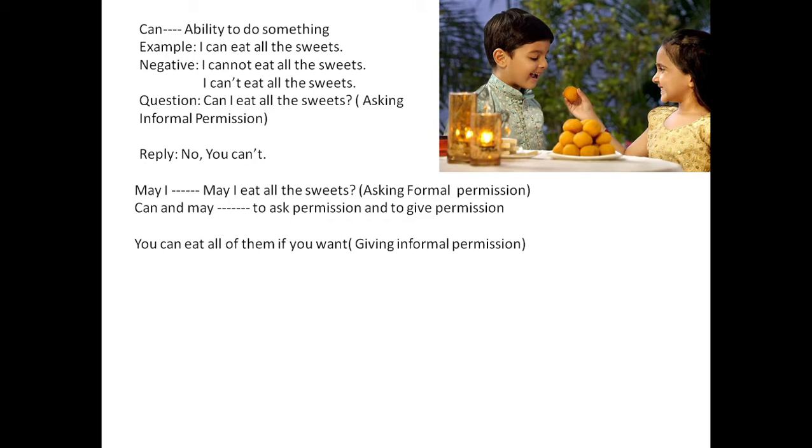You can eat all of them if you want. That is an informal way of giving permission. Or you can say simply, yes you can, no you can't. Next, you may eat all of them if you wish. That is giving permission but in a formal way.